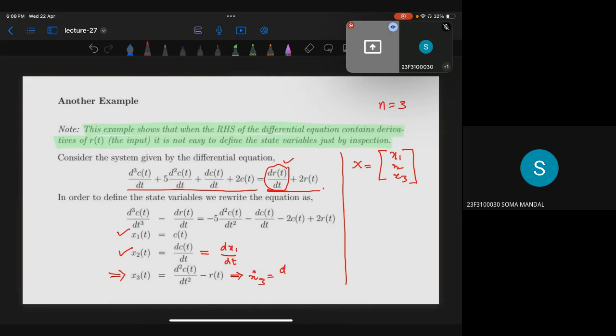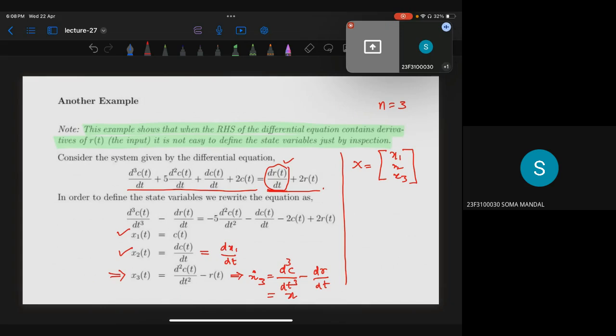You will get d cube c by dt cube minus dr by dt. Basically d cube c by dt cube is different from x3, since dx2 by dt is x3.